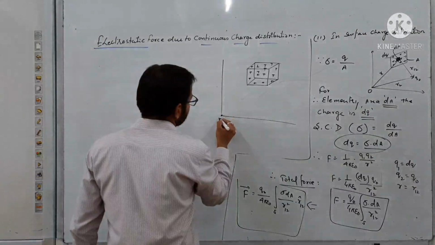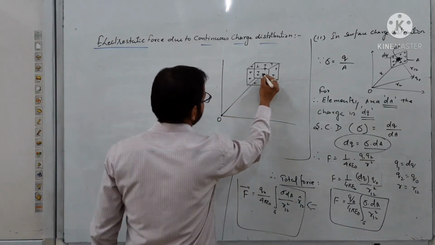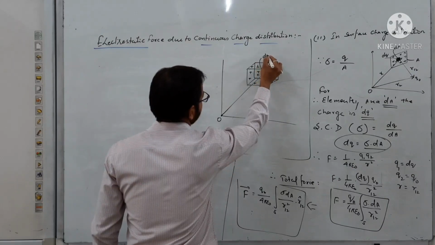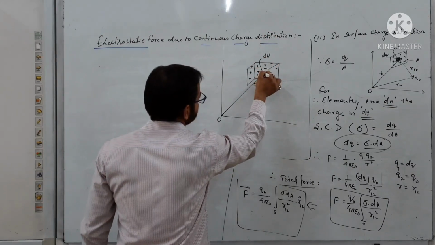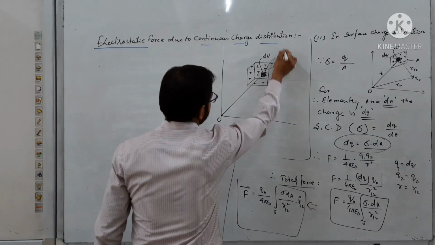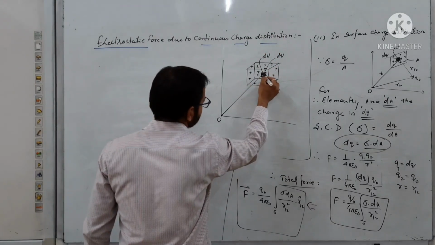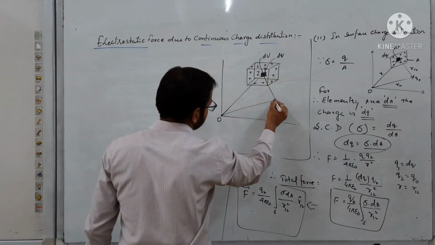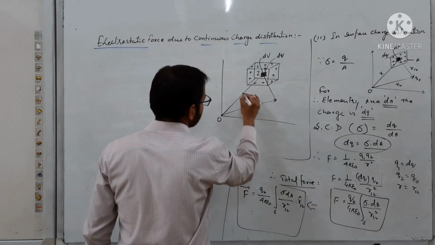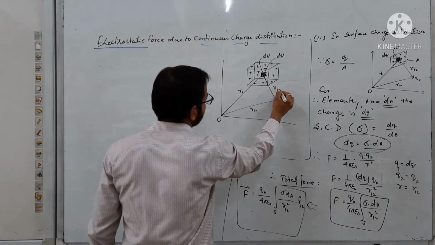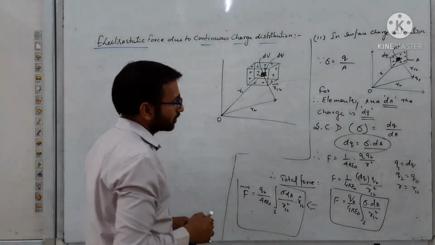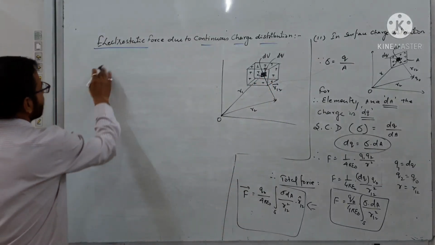So here we have again the origin. From here we are taking a volumetric element, or you can say a volume element having volume dV, and suppose in this volume the charge placed is dq. For this condition, with R2, R1, R12, the vector conditions will follow the same.